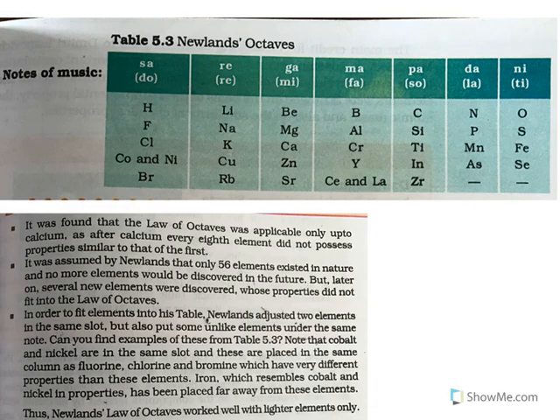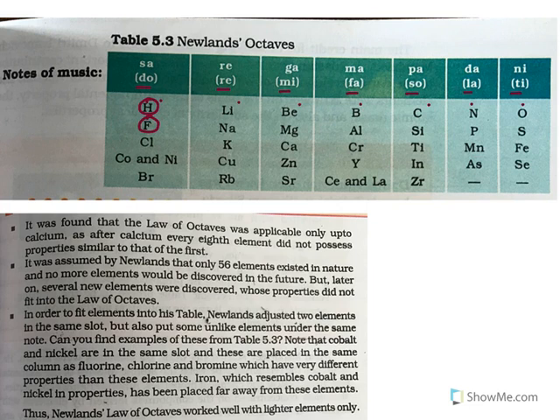So here's a picture of Newton's octaves. These are the notes of music. Do, re, mi, fa, sol, la, si, and that is 7 notes. And when we start with hydrogen and we count 8, we have hydrogen, then 1, 2, 3, 4, 5, 6, 7, 8. Fluorine will have similar properties.